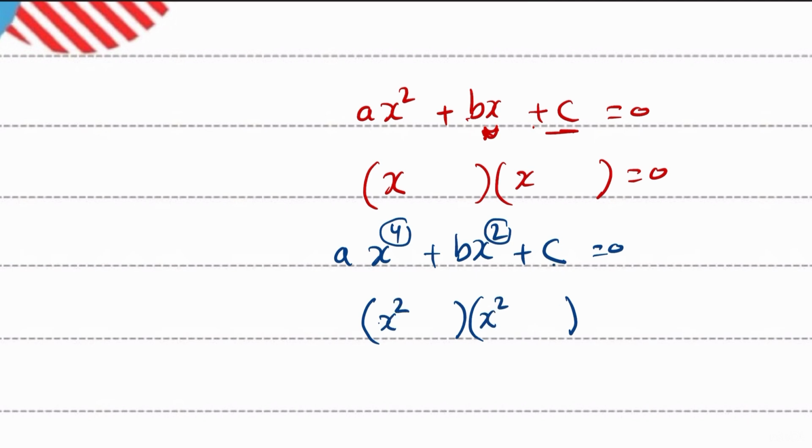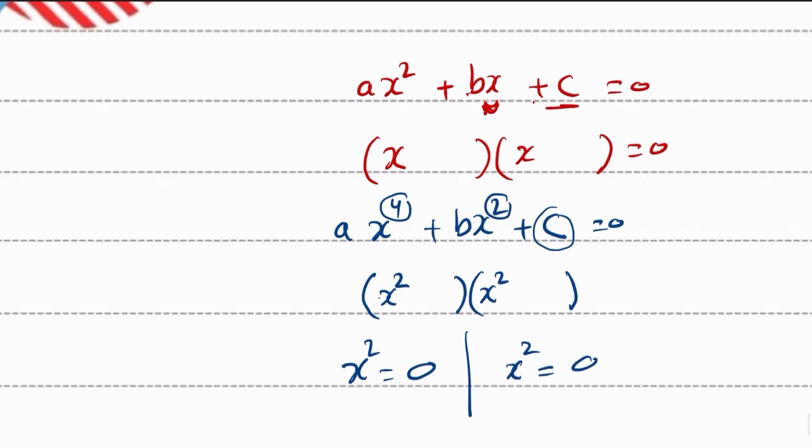Then find the factors of c which, when we add them, equal b. So either x power 2 is equal to something or x power 2 equals another something. The new step here is that you need to take the square root to come up with the value of x here, and the same idea to come up with the value here.